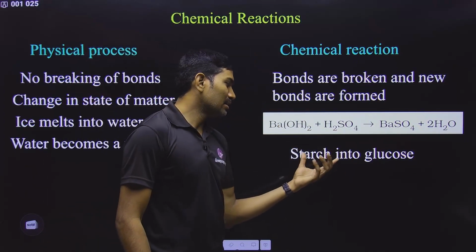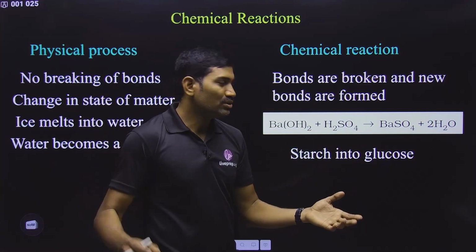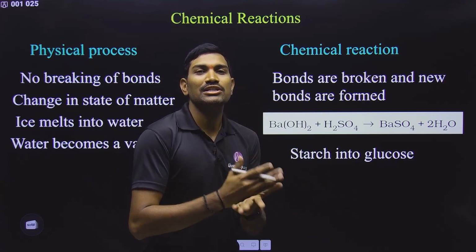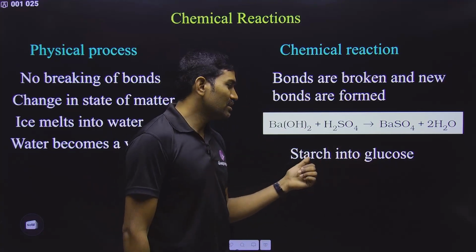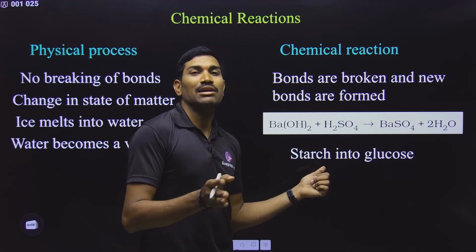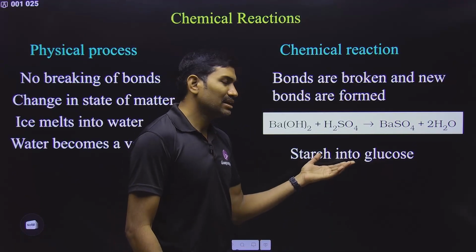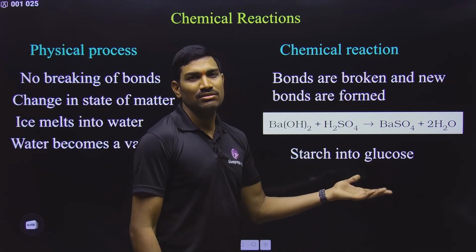In the same way, another example, starch. Starch is a polysaccharide having many glucose units. When it is hydrolyzed, what does it mean? Bond is broken so that it is releasing individual glucose units. So in this case also, bonds are broken, and you can consider this as a chemical reaction. But this chemical reaction is naturally occurring inside the living organisms. This is what we are talking about.